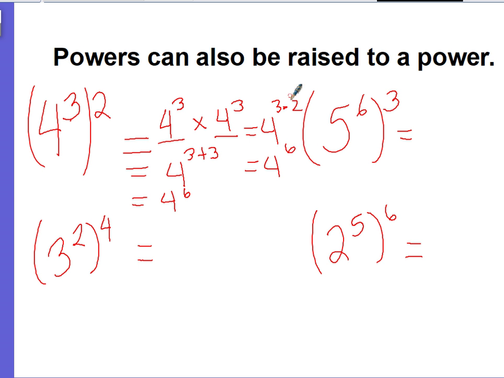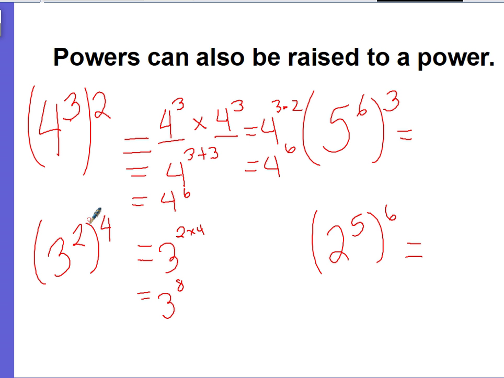So what's the rule? If you have a power and it's raised to another exponent, all you have to do is multiply the exponents. So 4 to the 3 times 2 gives you 4 to the 6th. Look at it again. 3 to the second raised to the fourth power is just 3 to the 2 times 4, and that's just 3 to the 8th.